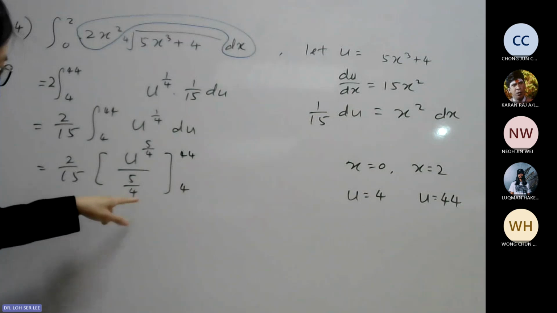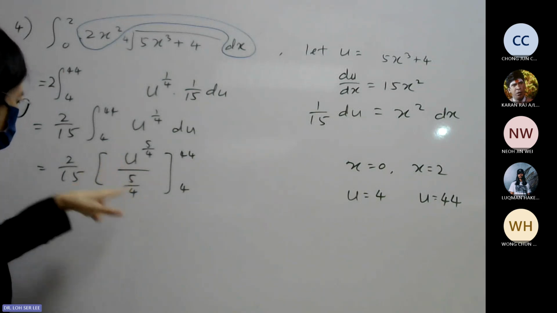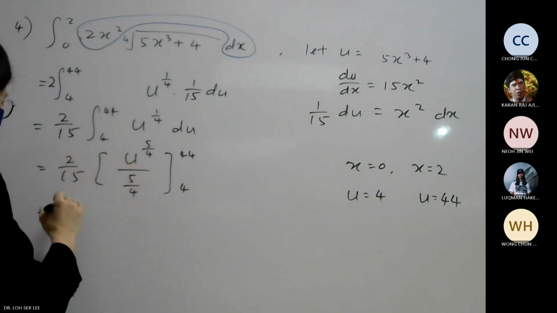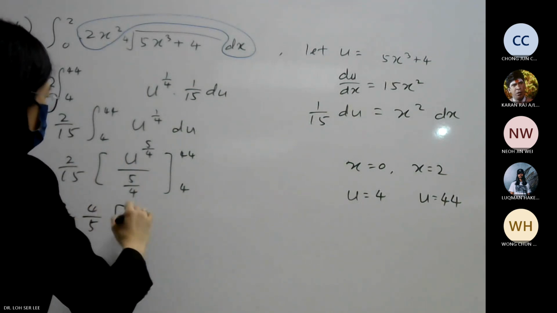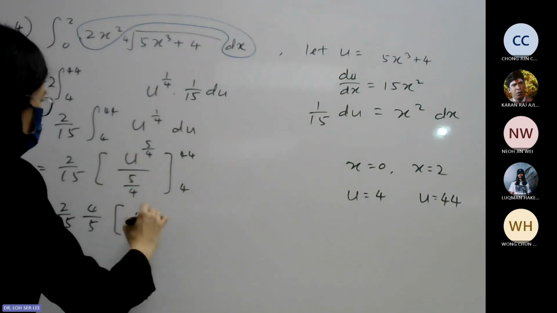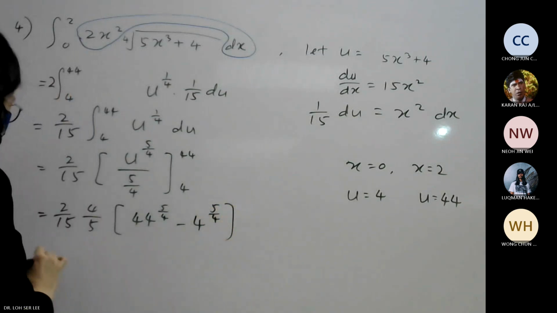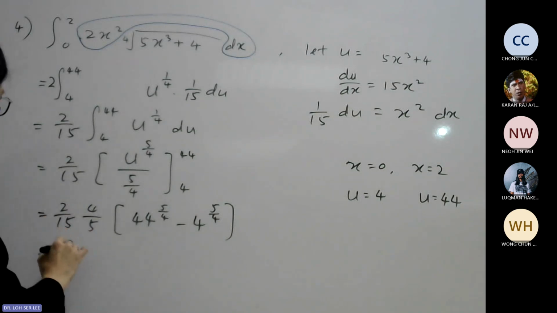So this 4, you can bring it up. So 4, we factorize, 4/5. Then we substitute 44 into the u. So this will be 8/75.